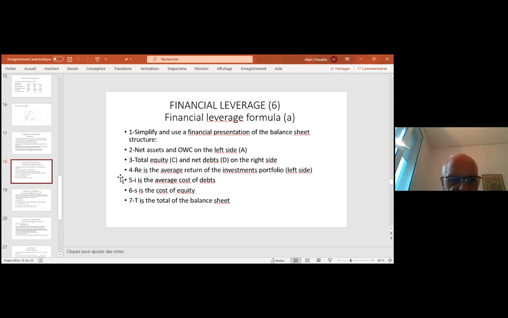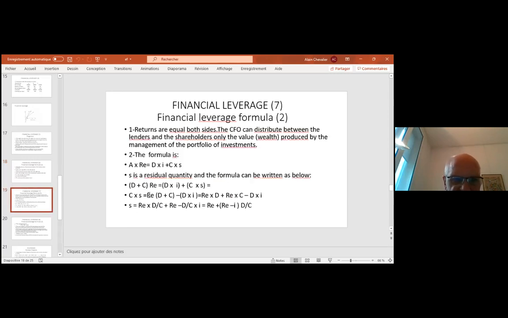So what to do with these elements? Of course, the returns are equal for both sides. The CFO can distribute between the lenders and the shareholders only the value produced, created, or the wealth, as you prefer, by the management of the portfolio of investment.